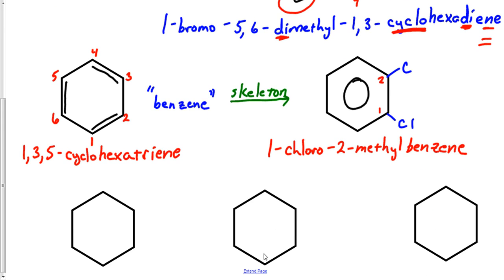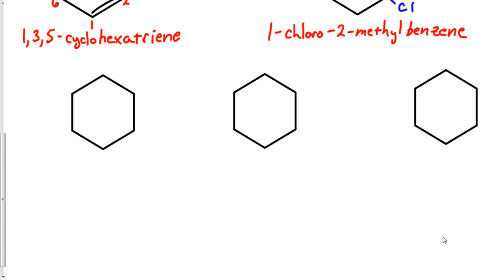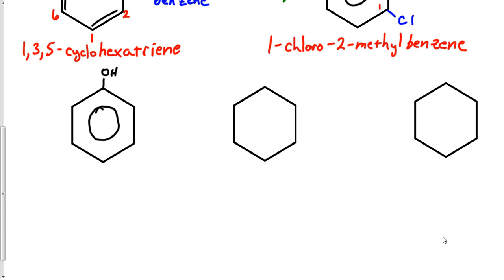Now I'm going to go ahead and take advantage of one more thing with the benzenes, and that's what to do if you have this here. Let's look at this. Now, this is a very common trick question. These are two different things. This is two completely different things. This is a benzene ring because you see the little circle inside, which represents the doubles in there. This, on the other hand, is just cyclohexane.